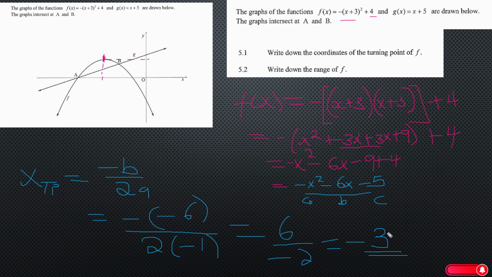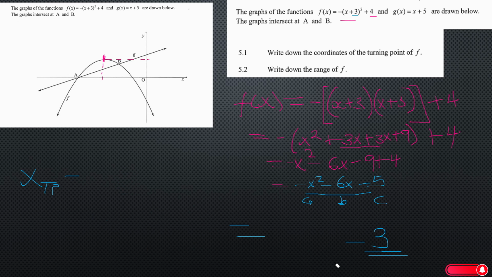See? So now you can see that this negative 3 points out to this particular 3 there, as everything was actually simplified. And now, in order for us to get the y value, we have to do the following. Okay, so I'm going to erase this part because we already know the answer, that is actually negative 3.